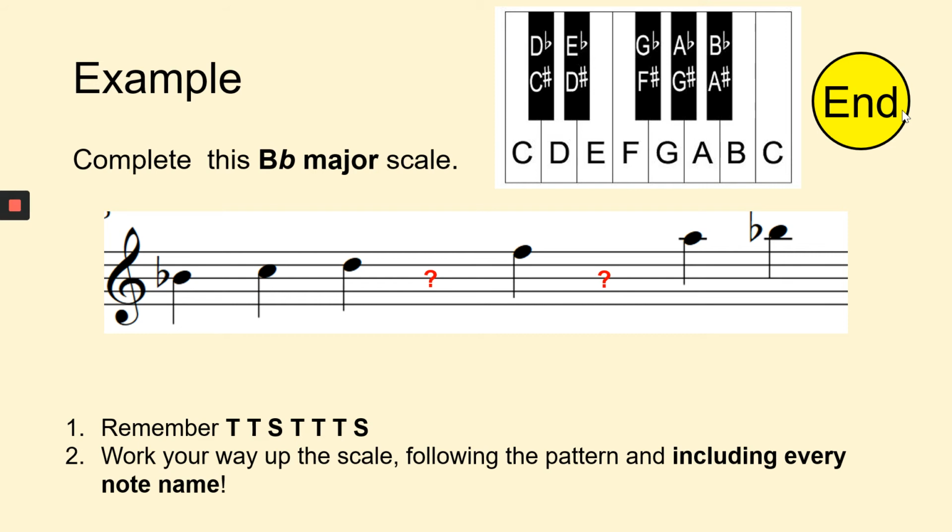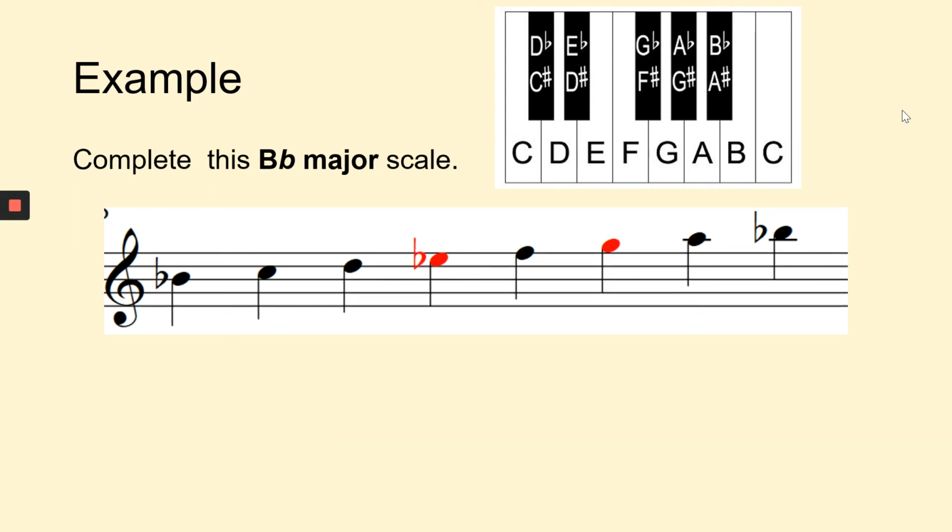So starting at B flat, C, D. We then have a semitone, so we go from D to E flat, then we go to F, then to G, then A, and then B flat.